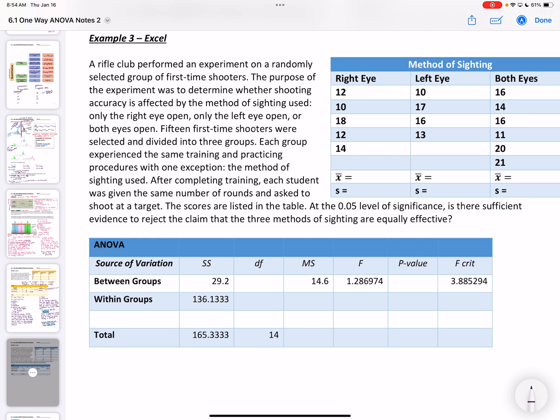Each group experienced the same training and practicing procedures with one exception, the method of sighting that was used. After completing the training, each student was given the same number of rounds and asked to shoot at a target. The scores are listed in the table. At the .05 level of significance, is there sufficient evidence to reject the claim that the three methods of sighting are equally effective? Okay? So if you'll look, I'll type them over here real quick for you.